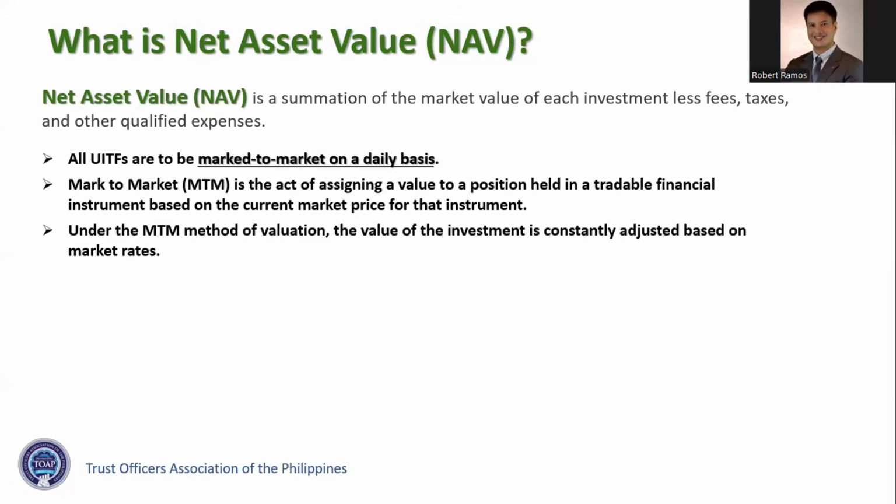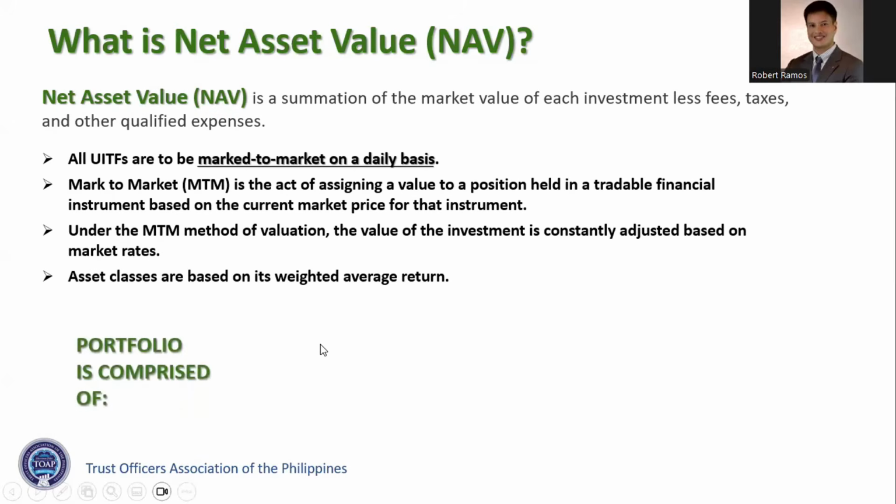Under the mark to market method of valuation, or M2M, the value of the investment is constantly adjusted based on market rates. All of the asset classes, fixed income, equity, cash, are based on their weighted average return.